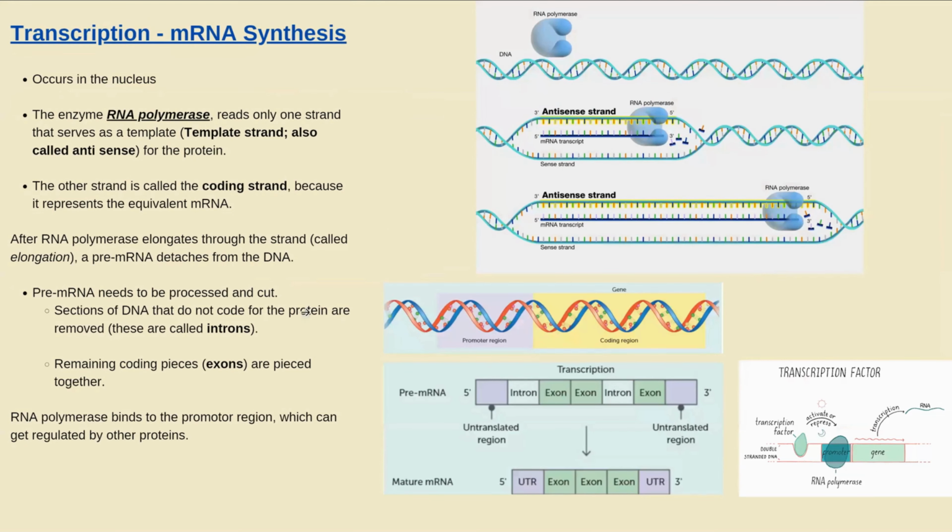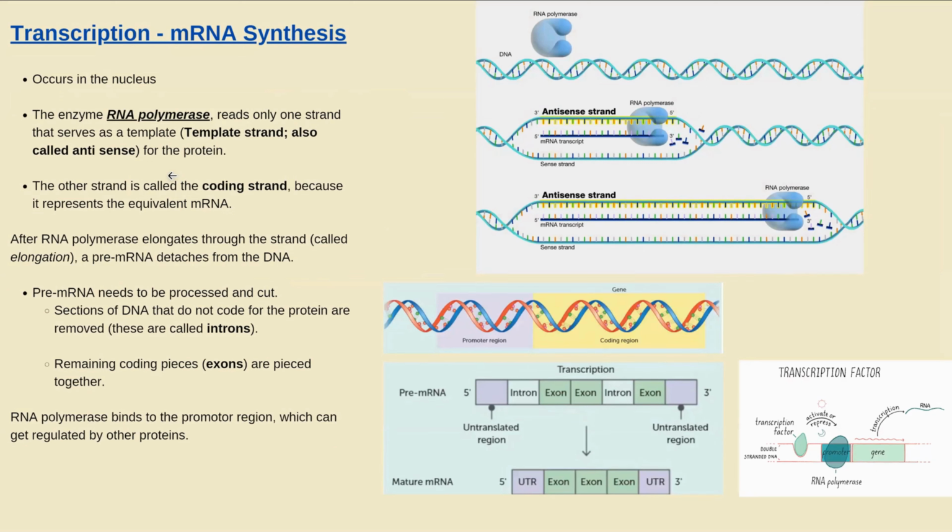Like I mentioned before, mRNA synthesis occurs in the nucleus, and the whole process is essentially catalyzed by RNA polymerase. So this is a major enzyme that you need to remember, right? And this RNA polymerase only reads one area of the genes.